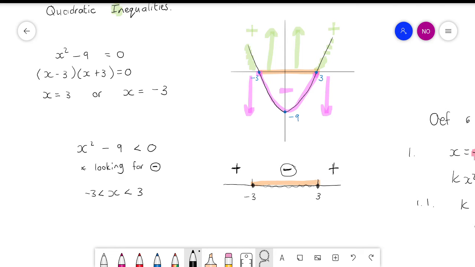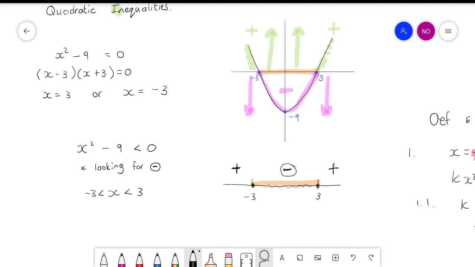Do you agree? From negative 3 to 3, the parabola is under the x-axis. In other words, it has a negative value. Or if you're looking at your number line, I'm literally just looking for the minus. Do you see the minus there? And guys, that's it.